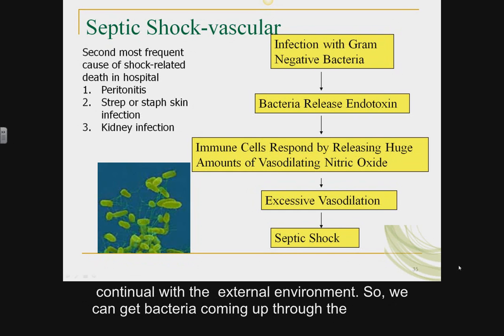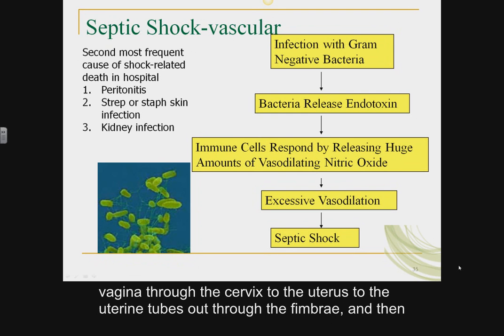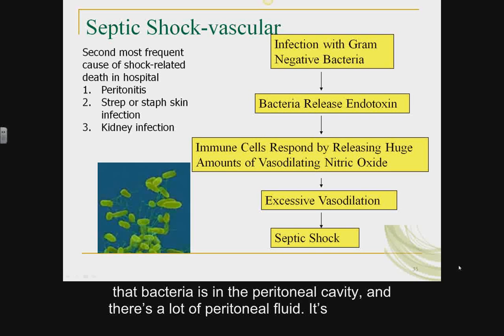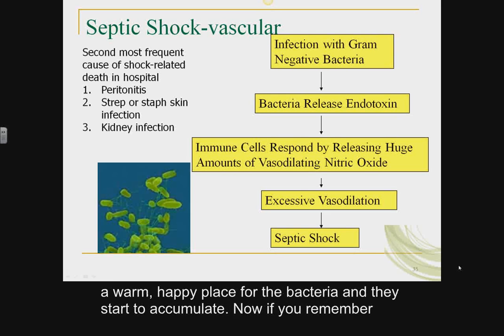So ladies, we can get bacteria coming up through the vagina, through the cervix, to the uterus, to the uterine tubes, out through the fimbriae, and then the bacteria is in the peritoneal cavity, and it's in that peritoneal fluid. It's a warm, happy place for the bacteria, and they start to accumulate.